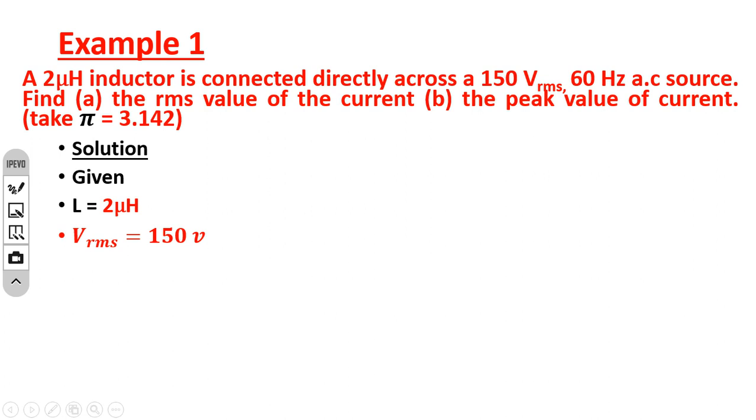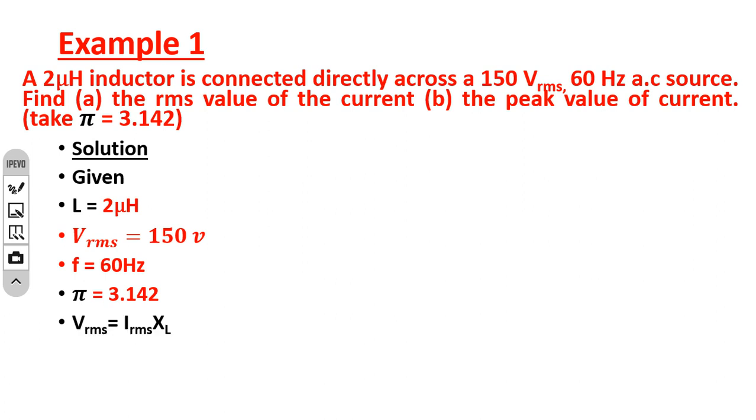Look at the next one here, 60 Hz. That's frequency. So I used to say that the SI unit tells us what the quantity is. Also look at the unit, it will help you. Pi has been given, so take pi to be 3.142. There are times they may consider pi to be 22/7. It depends on the nature of the equation. But here we are using 3.142.